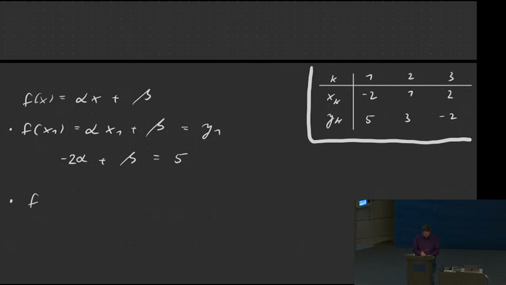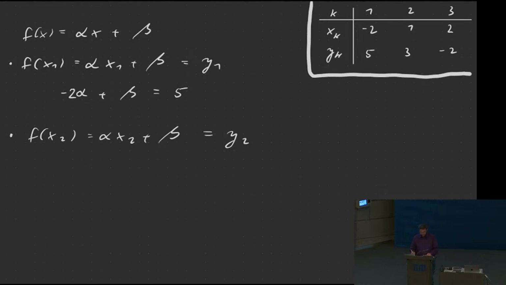And of course, we can do the same thing for the other values. So if I put in x2, I want y2. x2 is 1, so we get alpha times 1 plus beta equals 3.